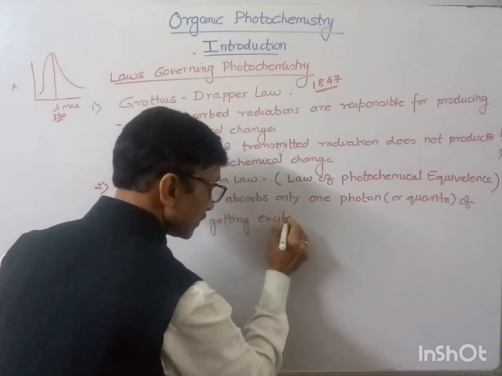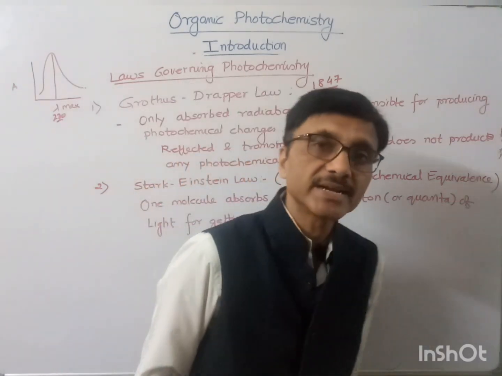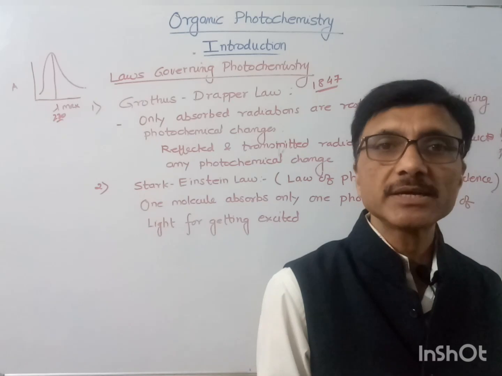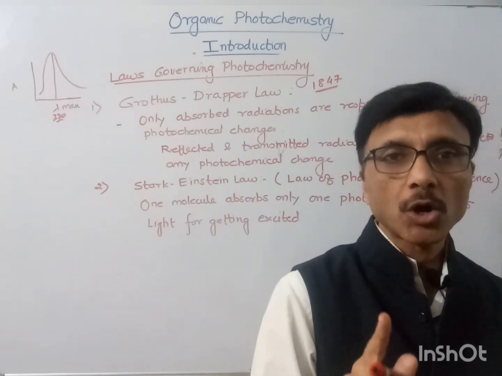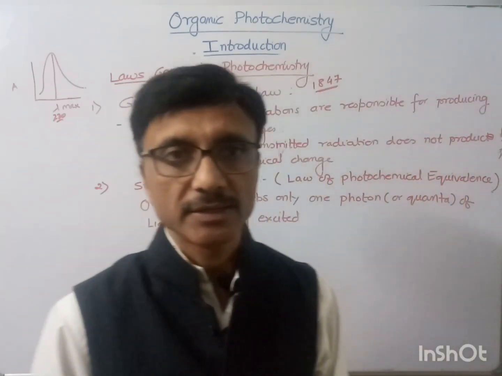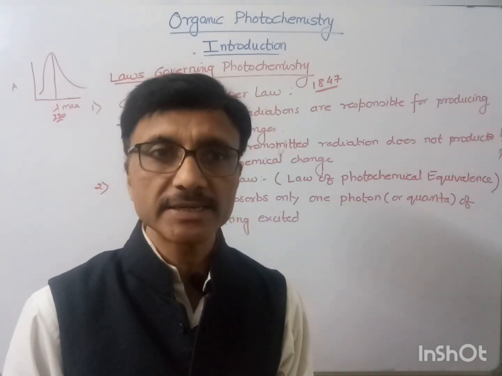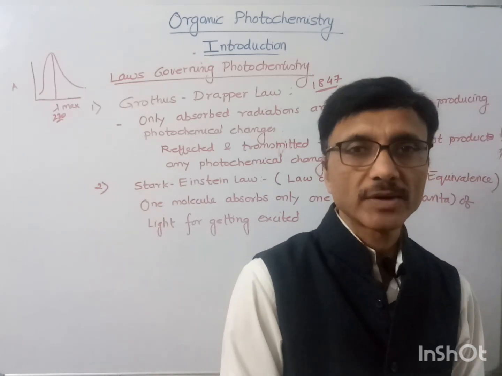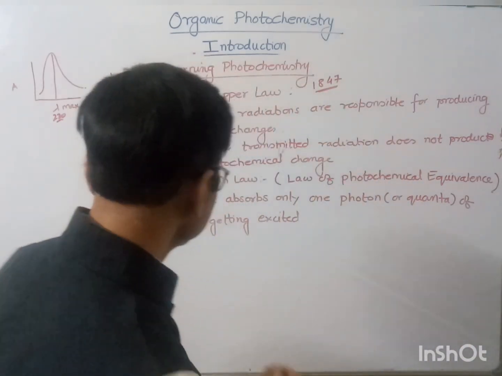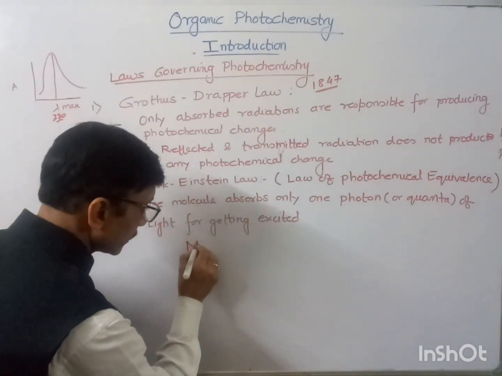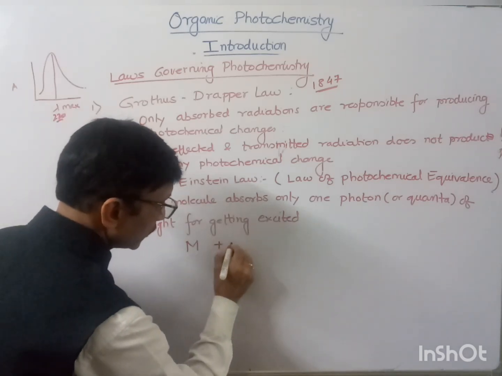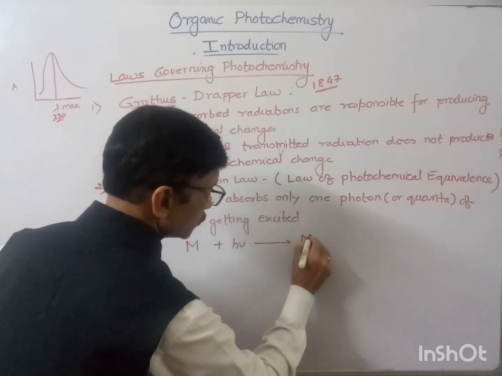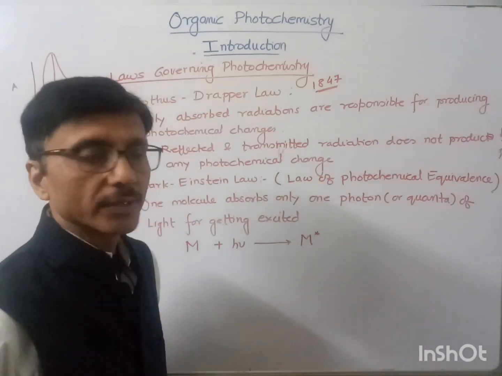So if one molecule is excited, it means it has absorbed only one photon of light. If two molecules are excited, it means two molecules have absorbed two photons of light, and so on. So suppose if we have one molecule, then it will absorb only one photon of light for getting excited to this star.